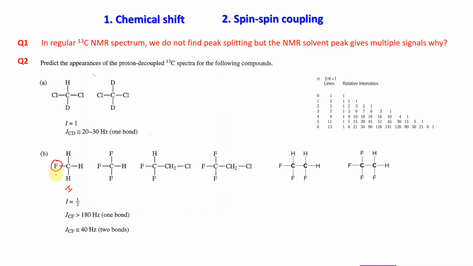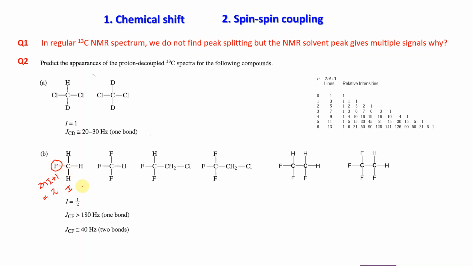So how many fluorines do you have? 1 fluorine, so 2NI plus 1, that will be the value. So how many are you getting? Your I is half, N is 1, so you are going to get 2 peaks. Your carbon will be a doublet due to the presence of 1 fluorine.